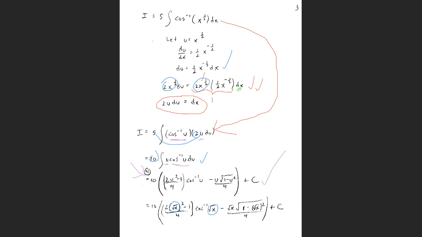Formula 88 would have worked. Javier, formula 88 would not quite work because after the substitution, we ended up having a u here in front of the arc cosine of u. So formula 88 was close, but it turns out after the substitution, it's not the formula that will work. But you were in the ballpark.